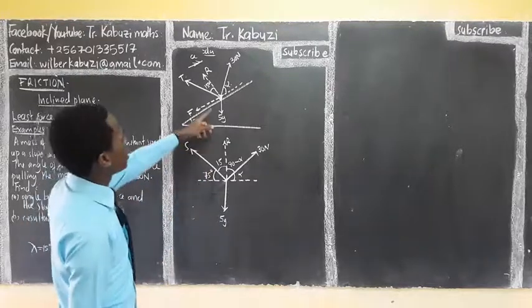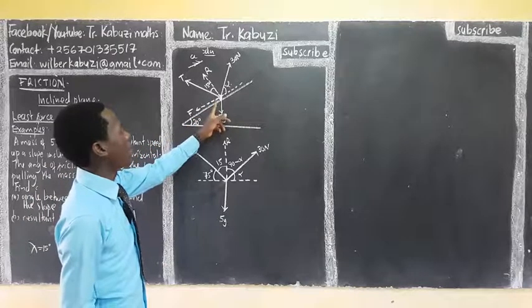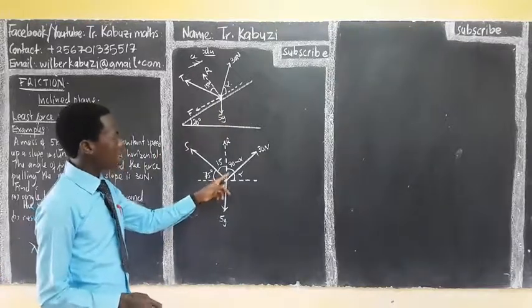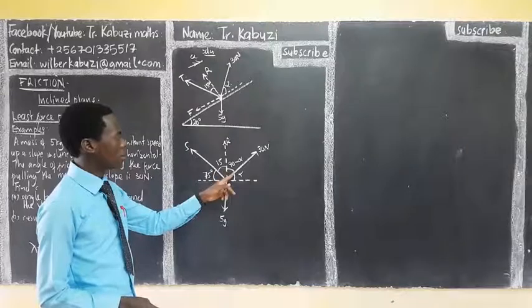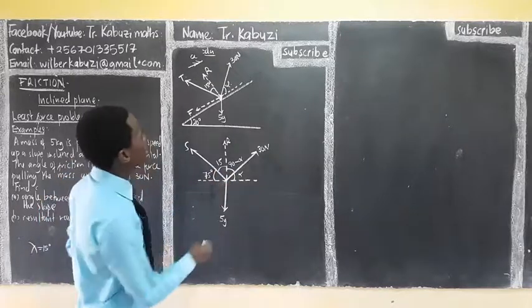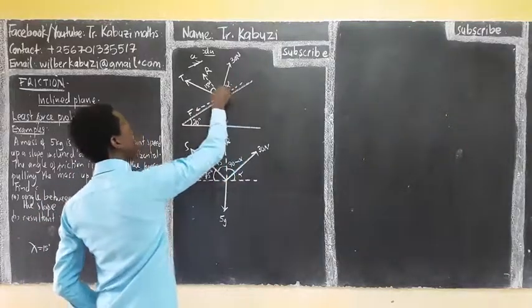Now, if that's 75 degrees, we need to get this angle here, where the weight is acting. This one is already known. Don't take this one to be 90, because you see this plane like this, the weight is acting below it.